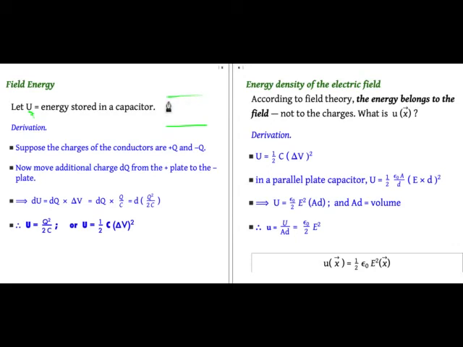So let's think of it as a parallel plate capacitor. That's the simplest way to think of it. You have, let's say, charge minus Q on one plate and charge plus Q on another plate. And there'll be an electric field between the plates, and there'll be a potential difference.